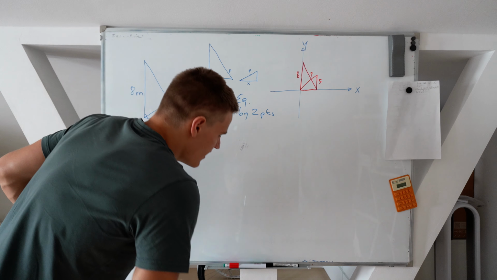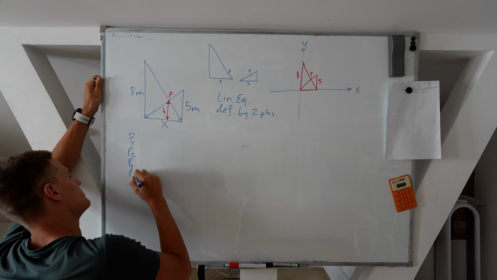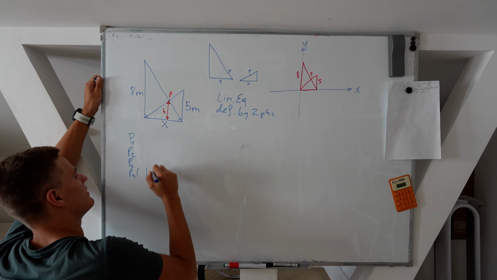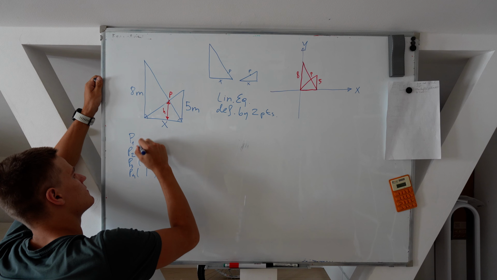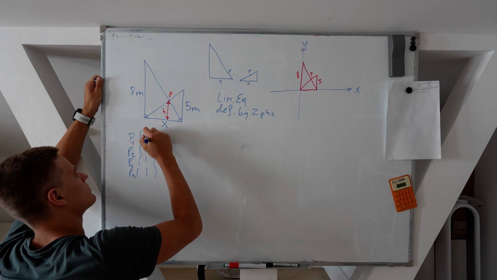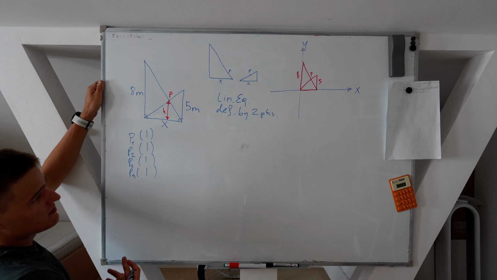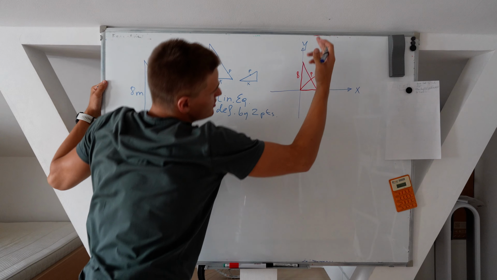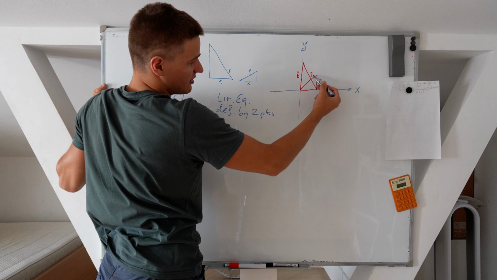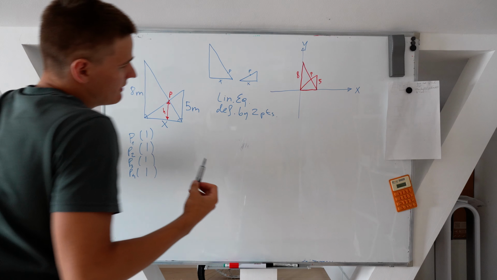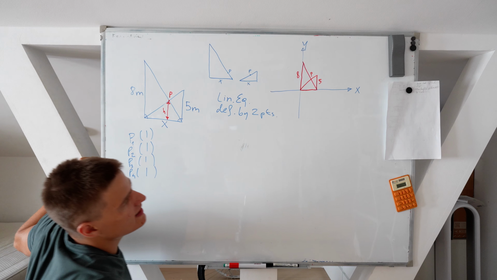Let's just write down 4 points: P1, P2, P3, P4, like this. Good. So these are our 4 points. Now we have 2 lines, right? Let's just remember that. So there's line 1 and there is line 2. Now let's try to figure out where these lines are at.